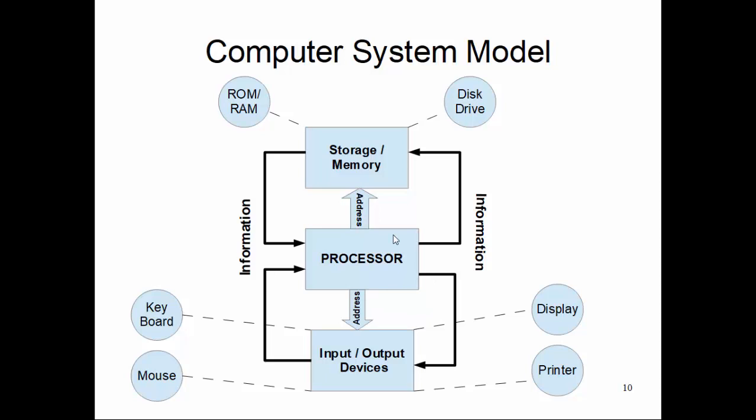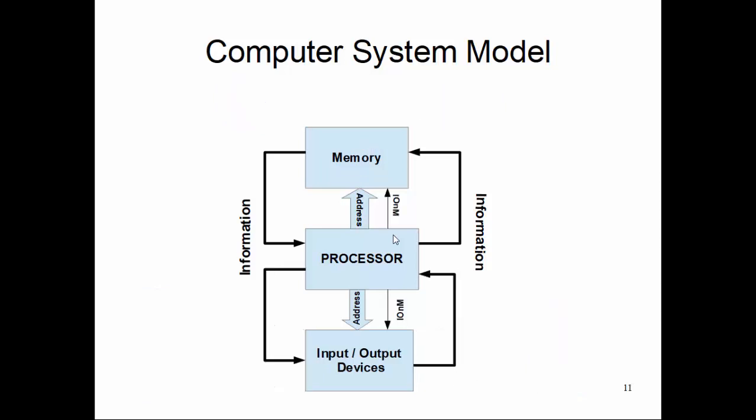Now let's see if we can further simplify this whole view. Here we are putting in one more piece of extra information coming out of the processor, which is tagged as IONM, which essentially means that the address I am giving is either targeted for an IO class device or targeted for memory devices.